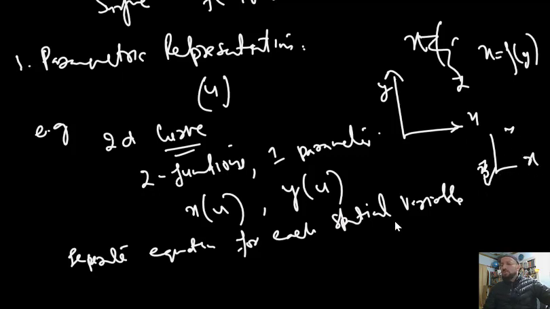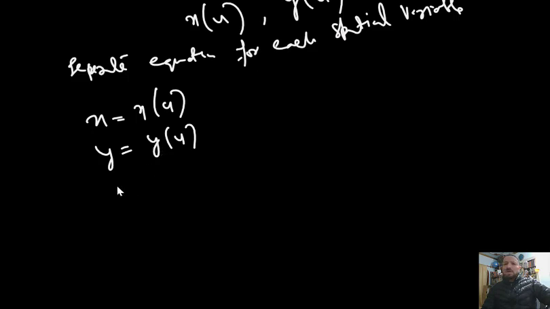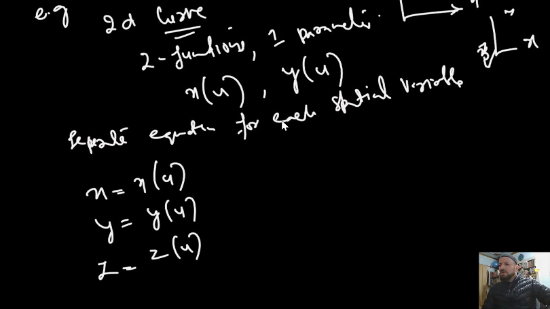So for x it will be x of u, for y it will be y of u, and if we talk of surfaces, then we have z of u. For the curves we have two functions and one parameter.